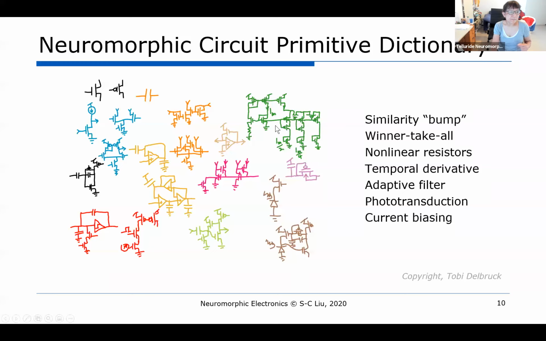You can have simple circuits like similarity bump circuits, a winner-take-all circuit, which is only about 3 transistors per cell, nonlinear resistors, resistive fuses, temporal derivative circuits, adaptive filters, phototransduction circuits, and current biasing. It's like a dictionary: if you think of the functionality of a particular system and know what function you need, you can put the circuits together, a bit like a Lego kit.